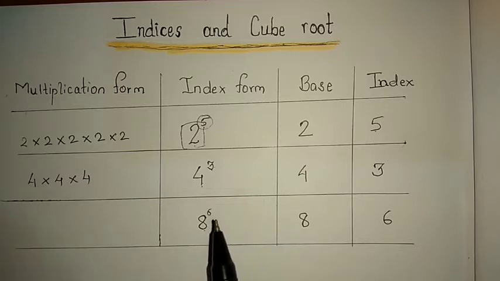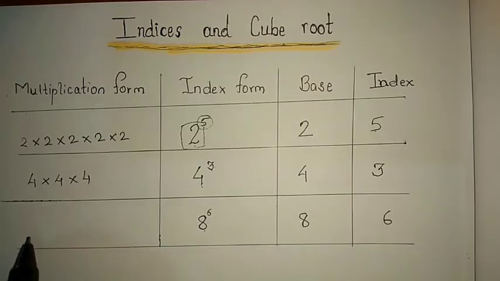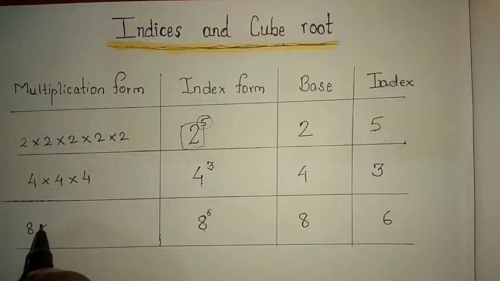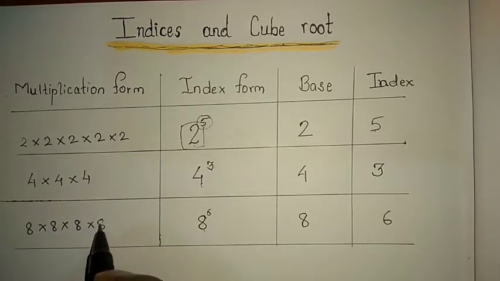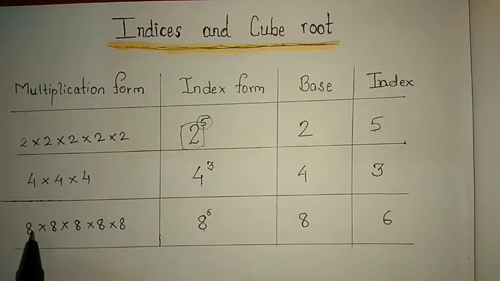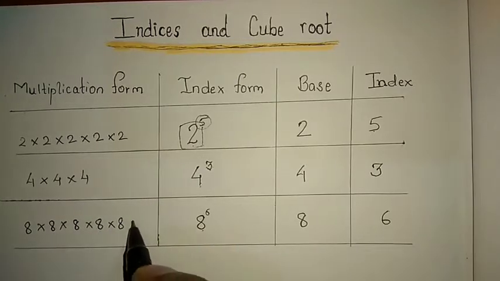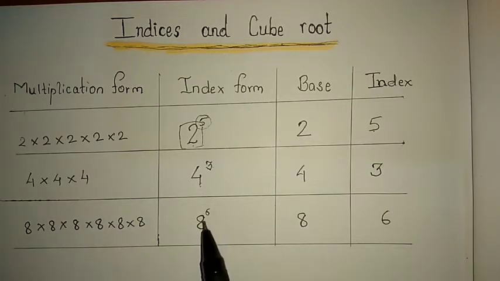We don't have to multiply 8 by 6, we have to multiply 8 by itself 6 times, like this: 8 into 8 into 8 into 8 into 8, 1 2 3 4 5 and 6. So this is the multiplication form, this is the index form, this is the base, and 6 is the index.